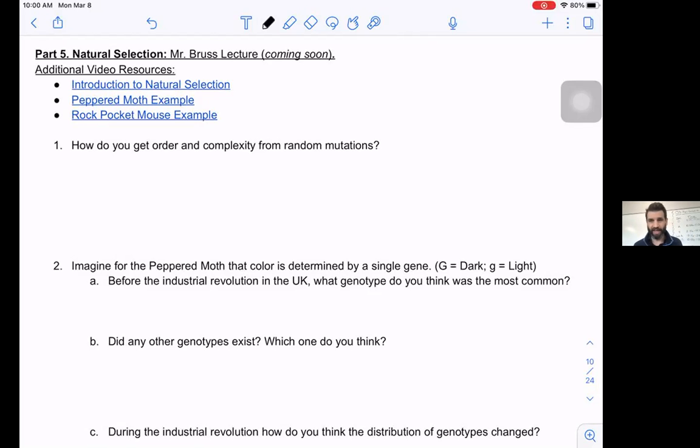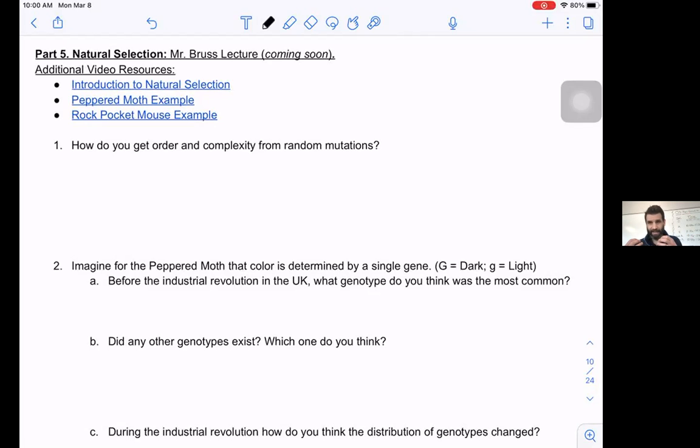And the real thing is that these random mutations are happening all the time to DNA, and the vast majority of them have no effect or are detrimental, so the organism doesn't survive to pass on that trait.